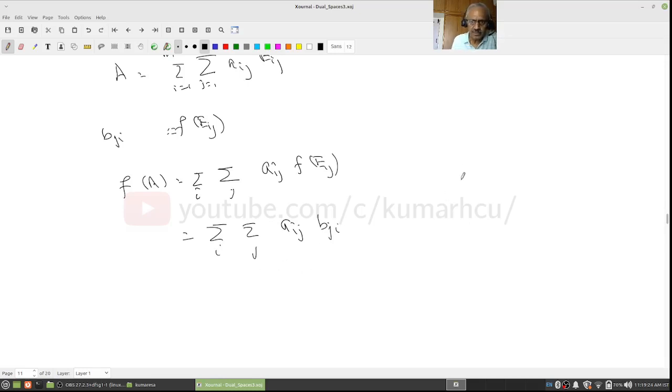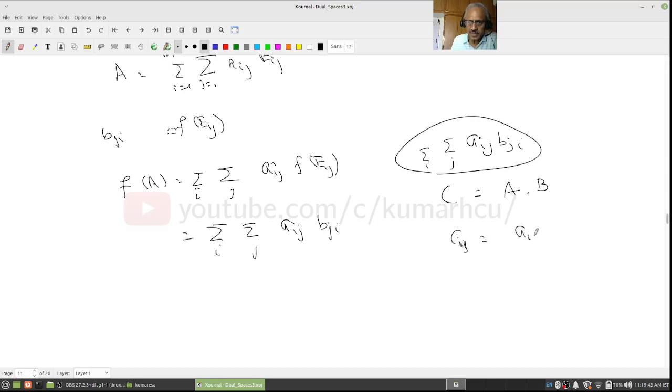You know what this is. If I have two matrices A and B, call the matrix product C. What is C_ij? C_ij is the summation over k of A_ik and B_kj.